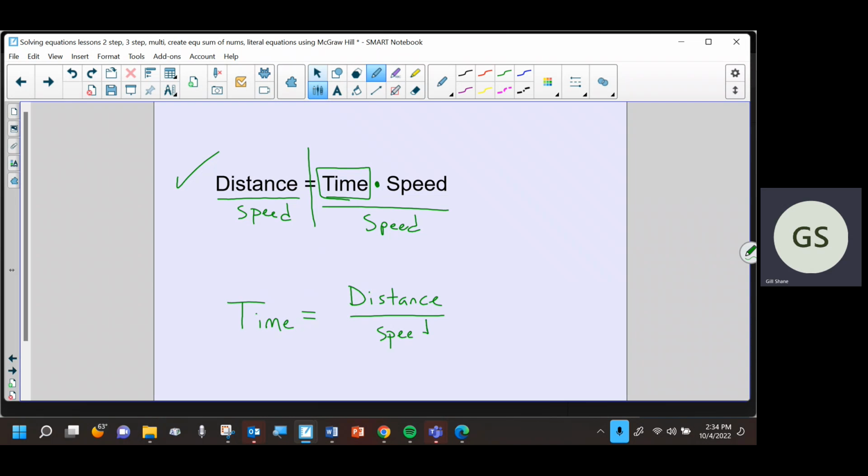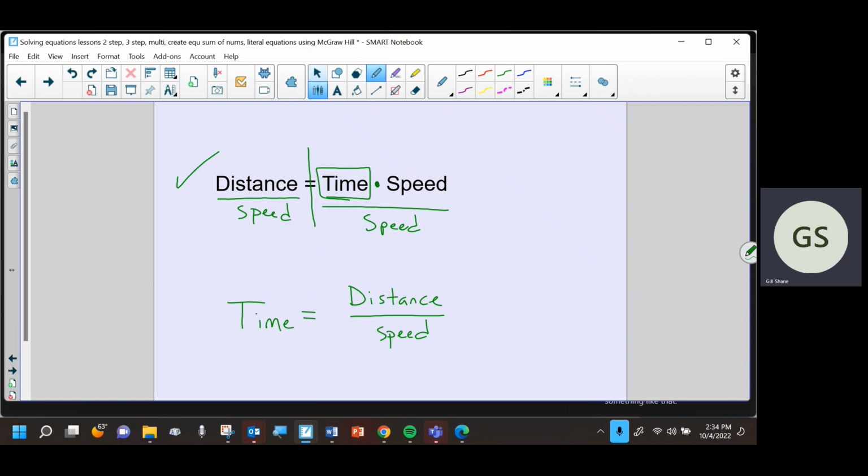That will give you the time it's going to take you. So that's how we can change around the original formula and solve for something else we want to know. That's called a literal equation, or I think in the book they're calling it solving for a variable when you have letters as coefficients, something like that.